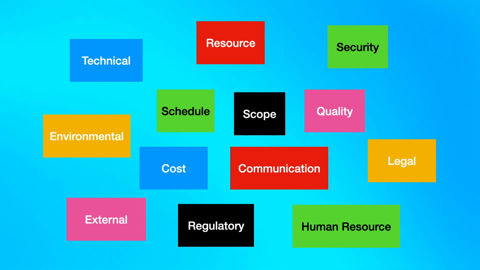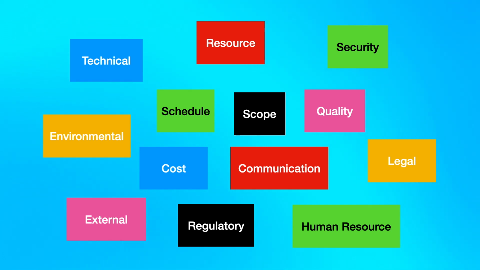Communication risks. Risks arising from poor communication within the project team or with stakeholders. Legal and regulatory risks. Risks associated with legal and regulatory compliance. Changes in laws, licensing requirements, or unforeseen legal issues can pose risks to the project. Human resource risks.